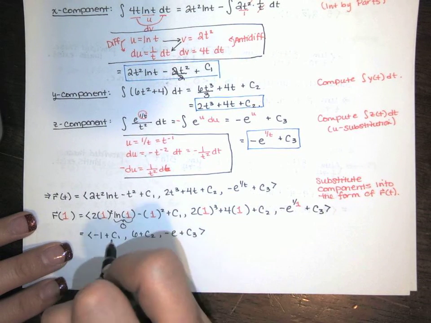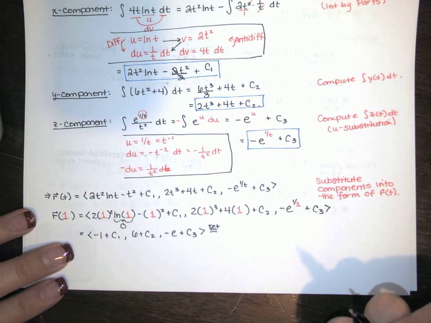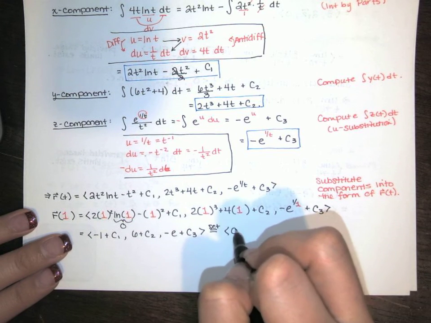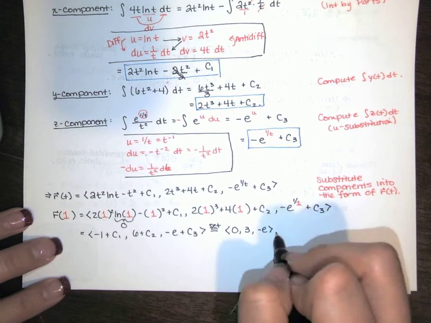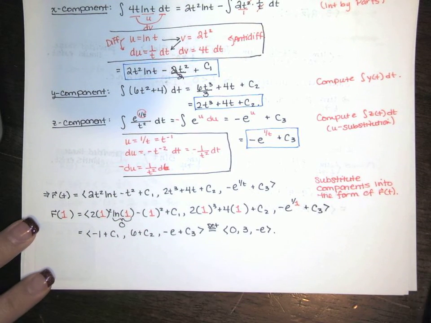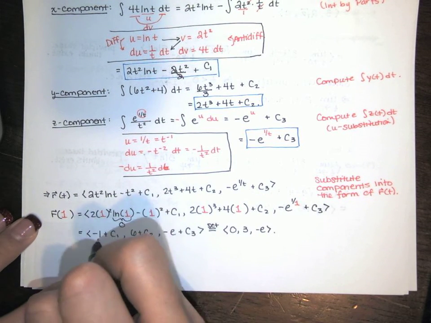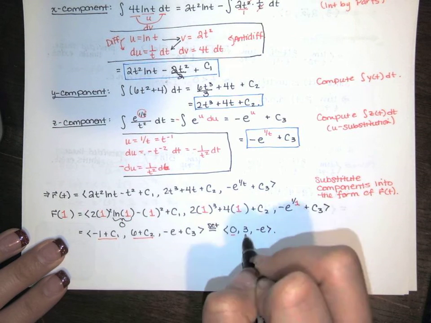In order to find c1, c2, and c3, let's set it equal to the r of 1 they gave us. They told us that r of 1 was 0, 3, and negative e. Now if that's the case, then this x component on this side has to equal the x component on this side. And this y component has to equal the y component.